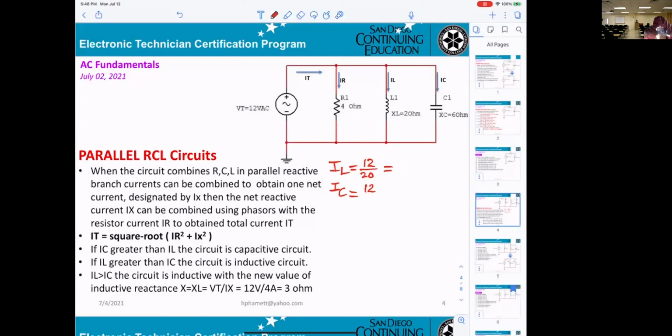Divide 20. Isn't it divided by 2? Doesn't that say XL is 2 ohms? It looks like 20, but it's just 2, I think. Okay, so thank you. I see 20 divided by 6, right? Shouldn't that be 12 divided by 6? Yeah, 12.